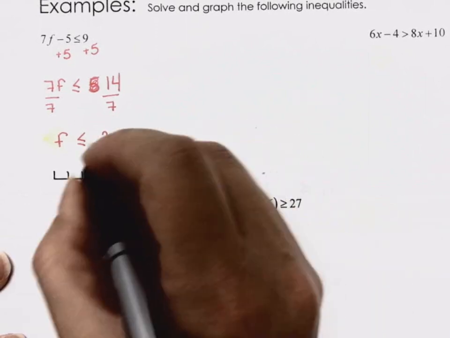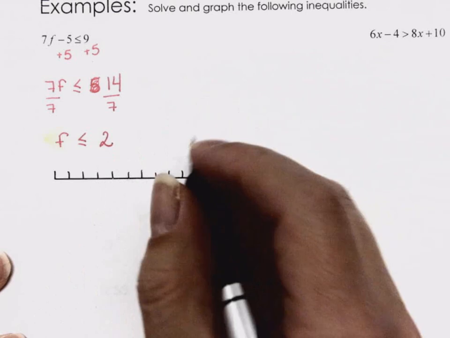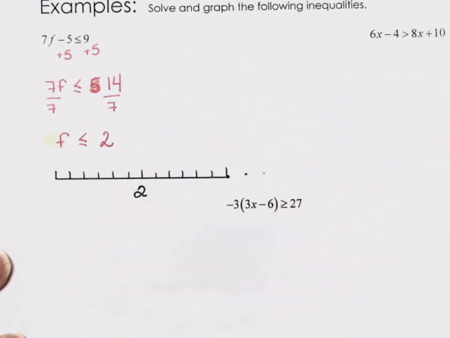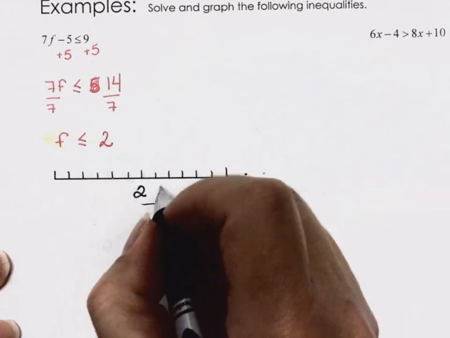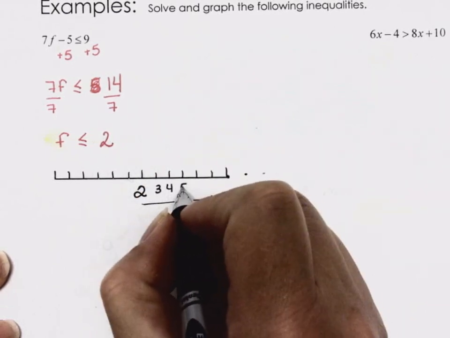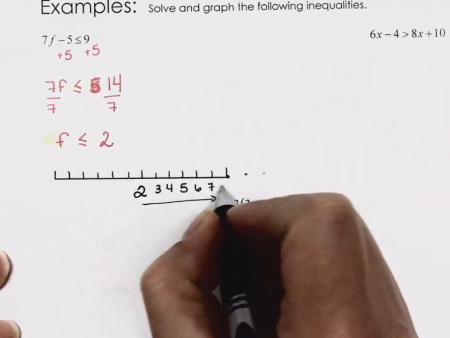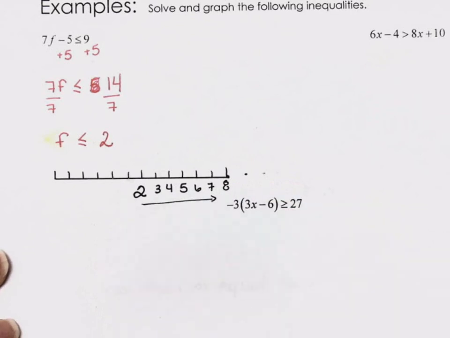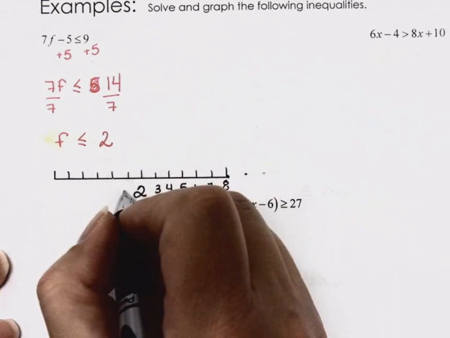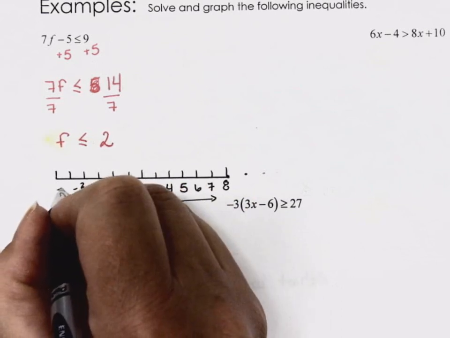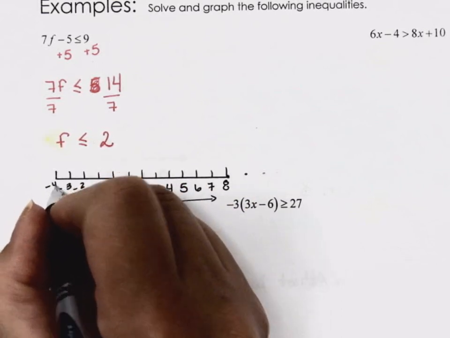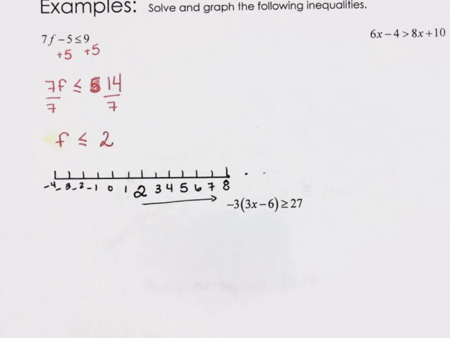Remember what we do: we put our boundary, we put 2 right in the middle, and then the greater than go to the right. So this would be 3, 4, 5, 6, 7, 8. And then my less than go to the left. So 1, 0, -1, -2, -3, -4. Open or closed circle?